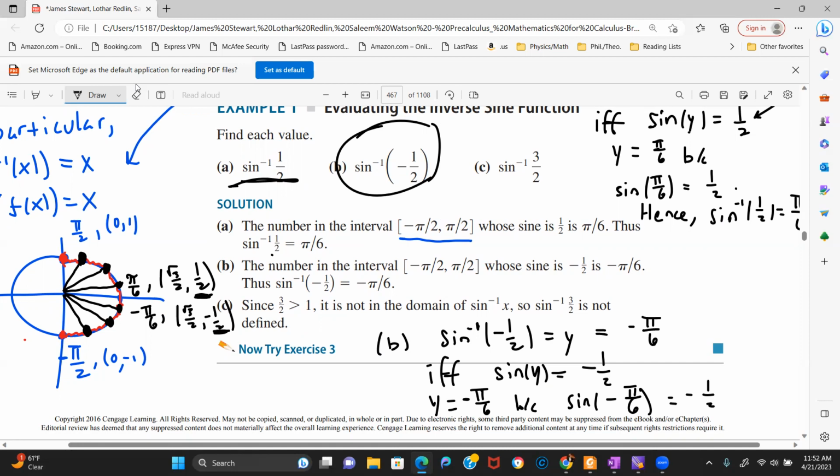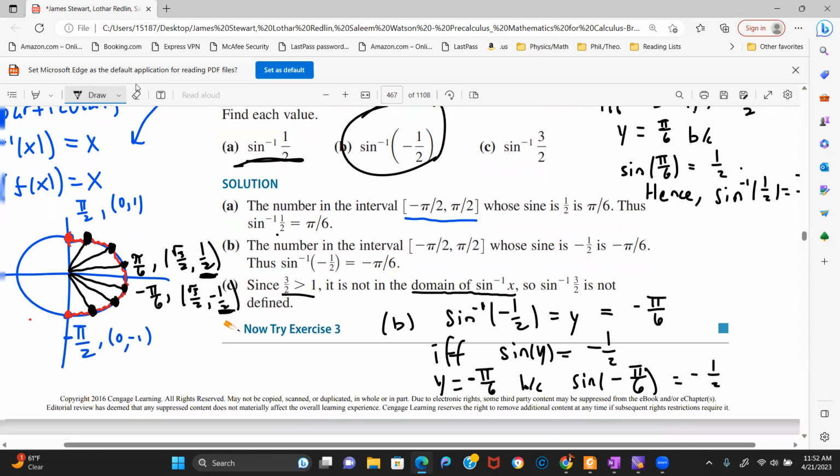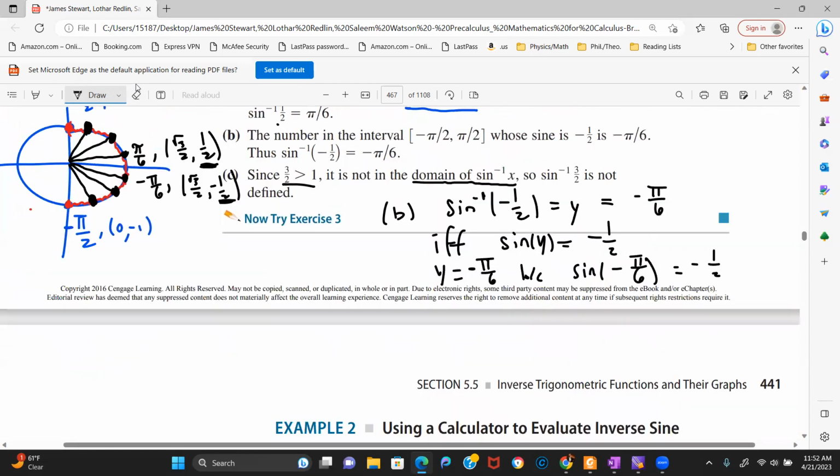Well, this is sort of a trick question, and the reason why is this. Because 3/2 is greater than one, this point 3/2 is not even in the domain of sine inverse, so this value right here is not well defined.